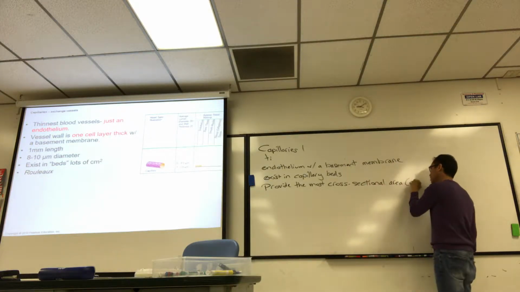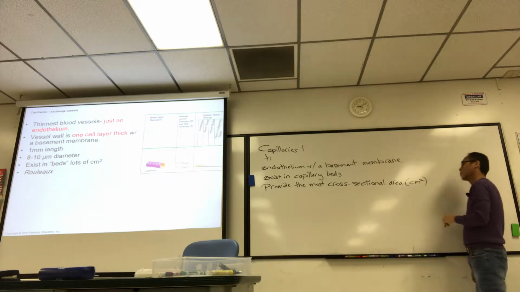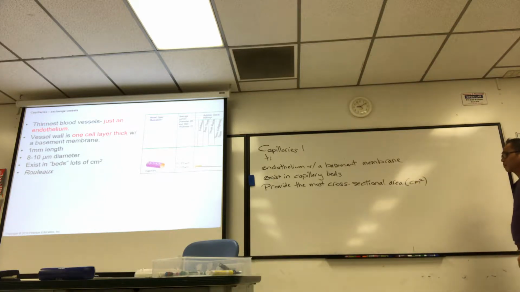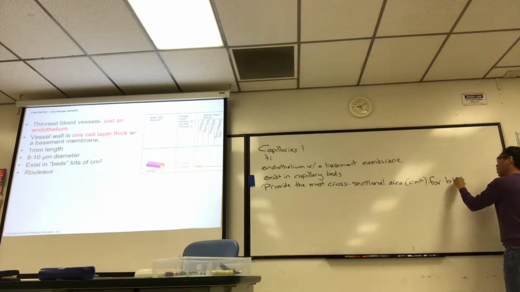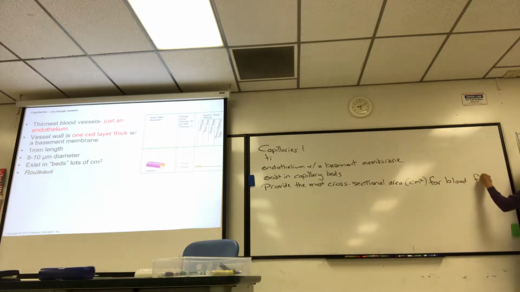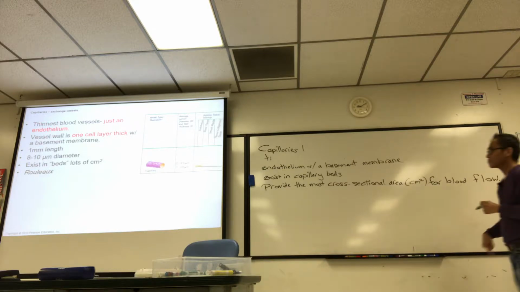We usually just say centimeters squared, for blood flow. When you have a wide expanse, when you have more area for a finite volume of fluid, the velocity of blood flow slows down in capillaries.